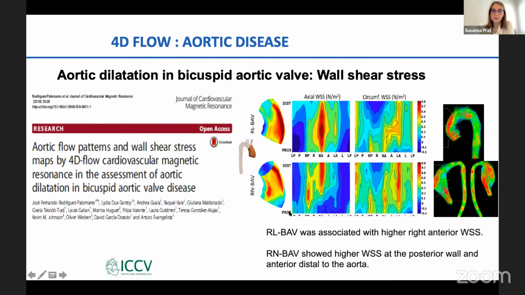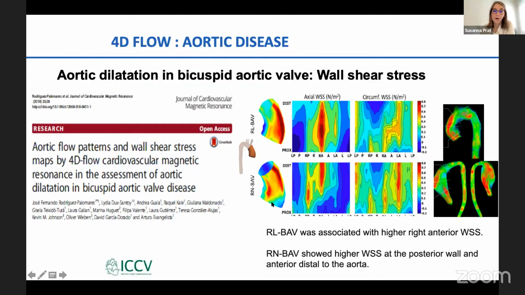They divided the bicuspid phenotypes, and they showed by 4D flow that the right-left phenotype bicuspid valve patients was associated with higher right anterior wall shear stress, that we can see here. These patients with this phenotype have more wall shear stress in the anterior wall, and this was the part that was more dilated.